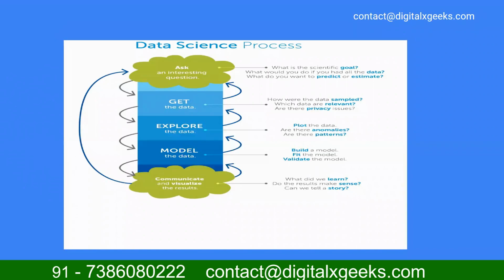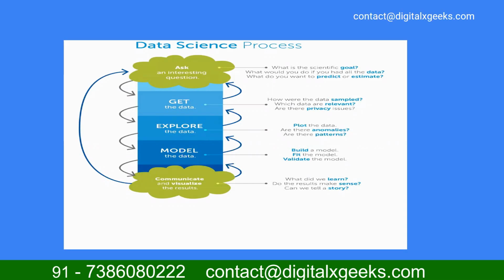The client says, I want to predict something. What is it that I have to predict? You have to keep asking multiple questions, because it's not like requirements in other projects. In data science, you have to keep digging to get more and more data from the customer.